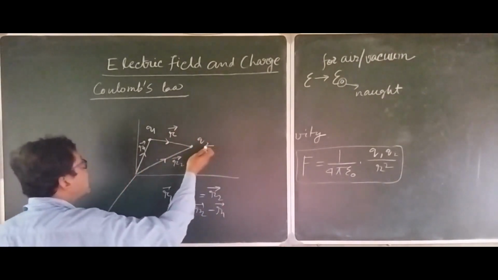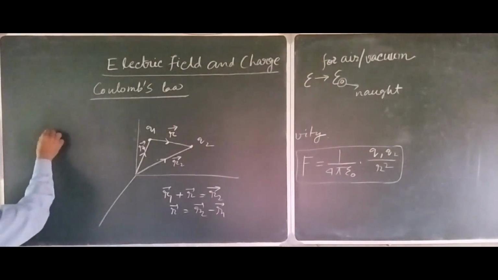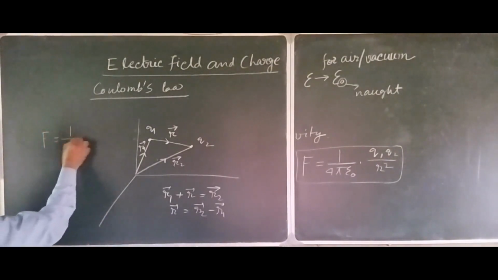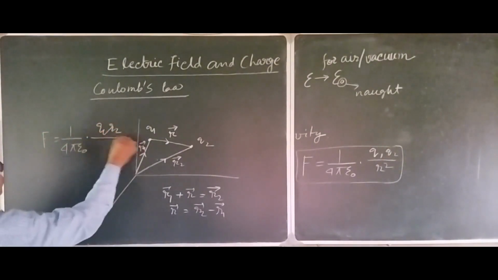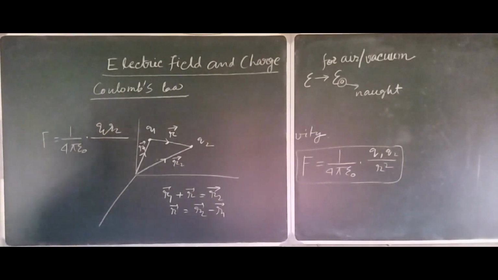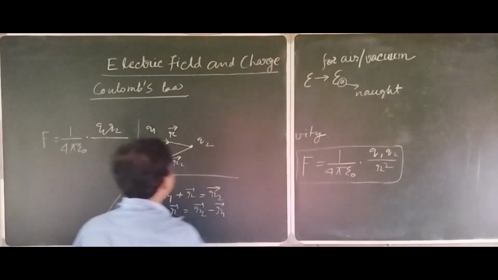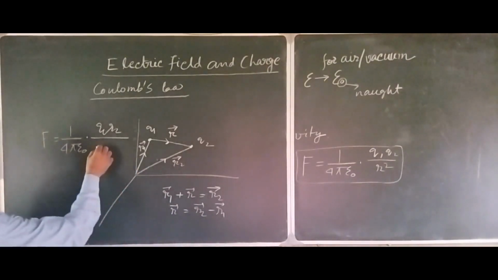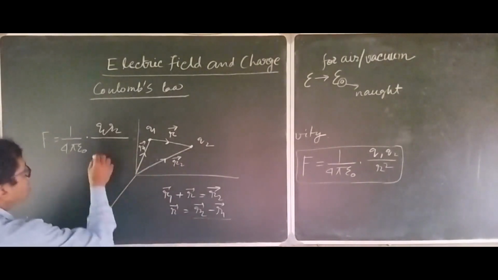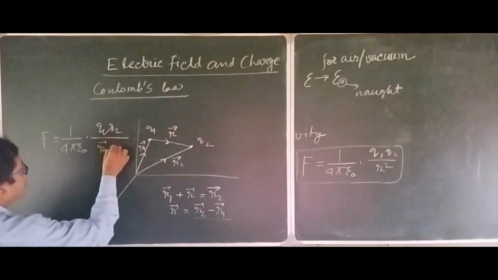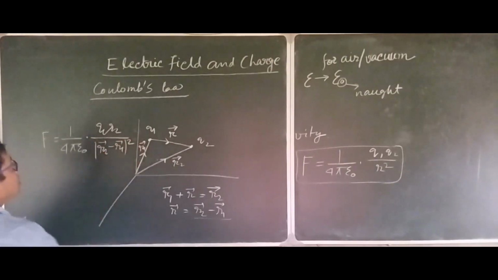So in this case, the Coulomb's law will turn to F is equal to Q1 Q2 by square of that distance. So definitely this is a vector. So we have to take its magnitude. So modulus of this and square of this.